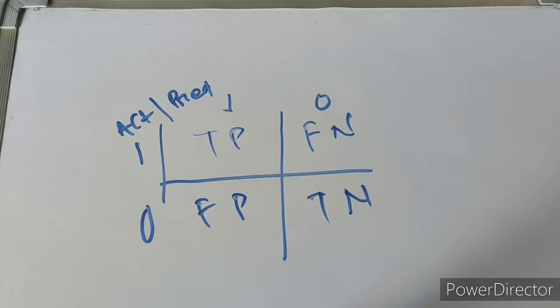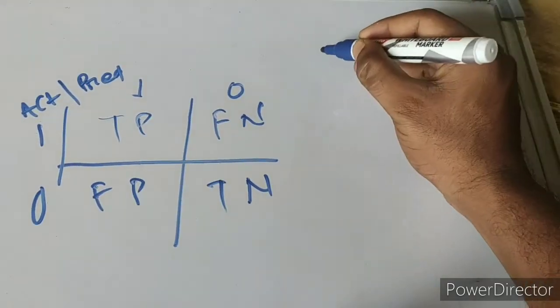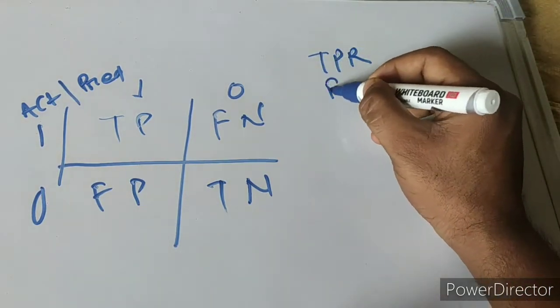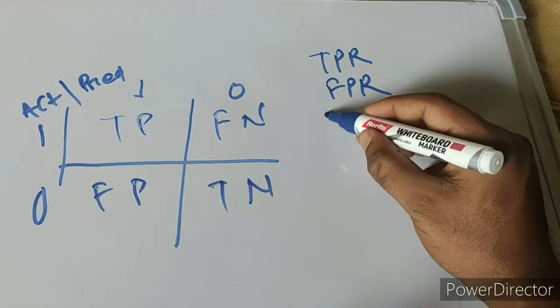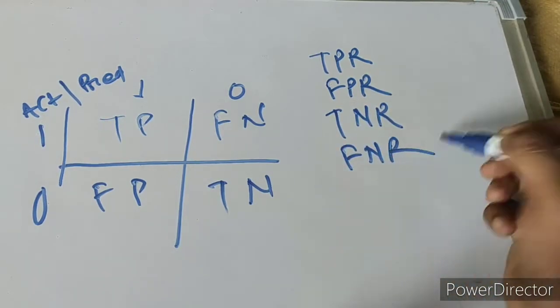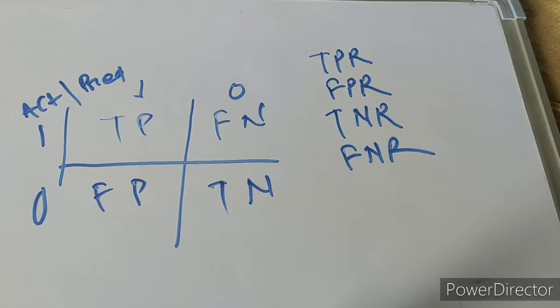But for understanding the ROC curve, we need to get into some other concepts like true positive rate, false positive rate, true negative rate, false negative rate. There are certain other concepts also like sensitivity and specificity, that I will also explain. So what is true positive rate here?